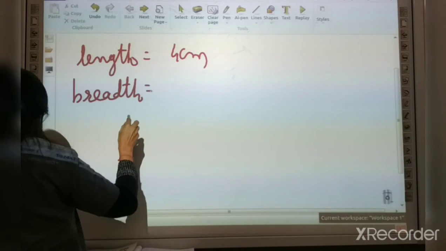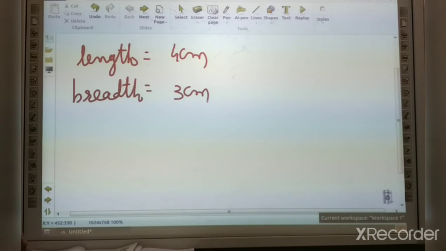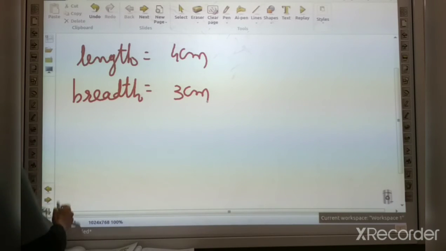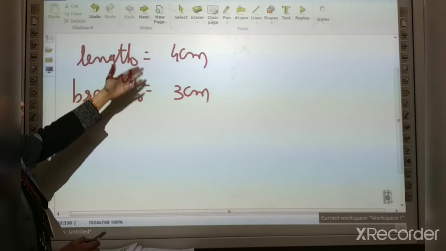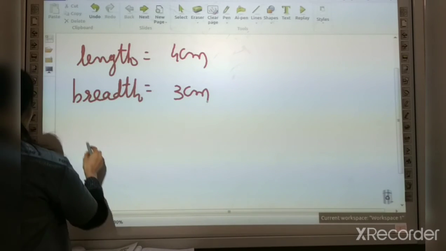Width is equal to 3 centimeter. So you know very well perimeter of rectangle formula is 2 into L plus B, right? Or sum of all sides can also be done, right? And you know very well in the rectangle opposite sides are equal, right?